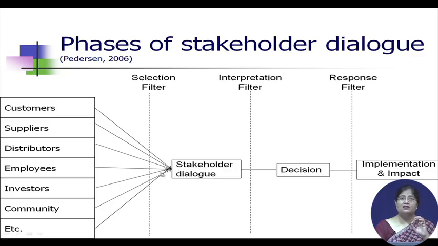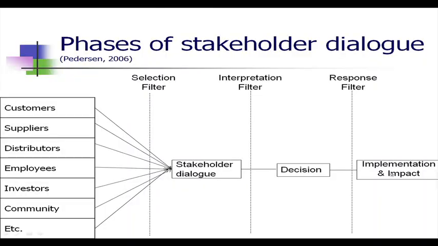So these filters affect what these people need, what they say, how the management perceives and decides on it within its own limitations, and then what the organization does. It's very, very important. These are the phases of dialogue, how the dialogue starts and how it translates into action.